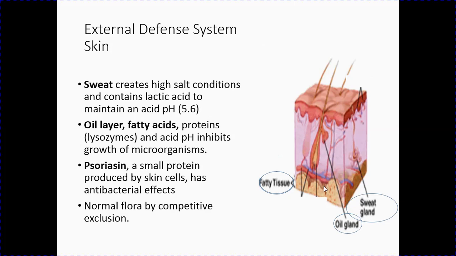Some of the secretions and protections of the skin are included in this slide. We see that sweat secreted creates a very high salt condition and contains lactic acid that helps maintain a more acidic pH. So between the salt and an acidic pH, organisms really don't like it, and it's what we term an inhospitable environment.